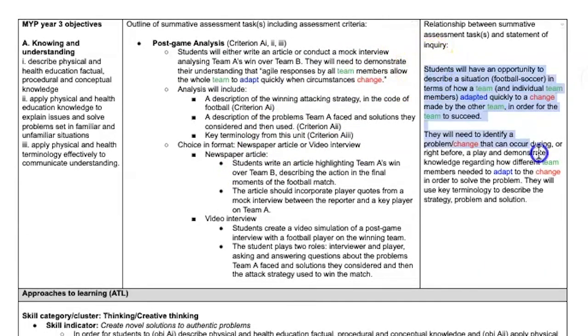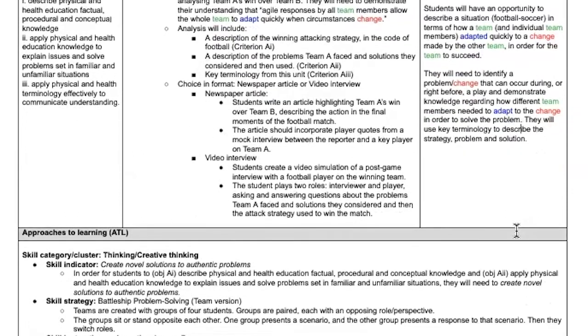So then the relationship between the summative assessment task and the statement of inquiry, again, this is where color coding can be helpful. They really need to describe how are those concepts going to be explored in the unit so that students can think about them and be able to demonstrate them within the summative task.